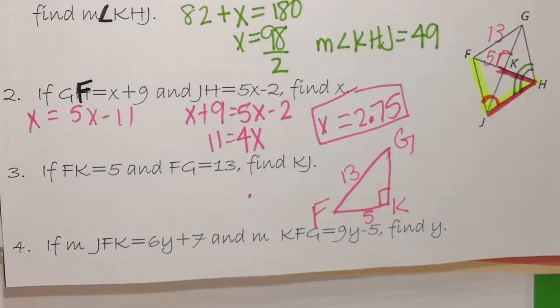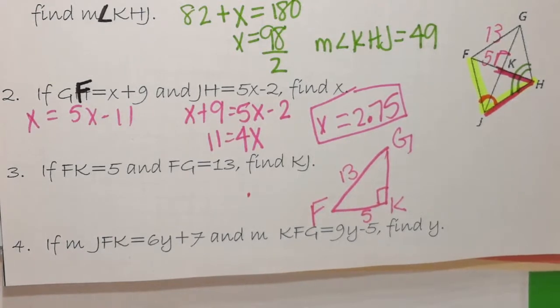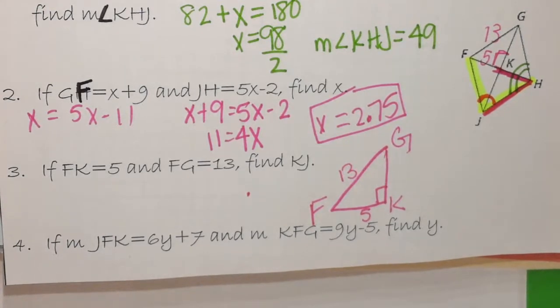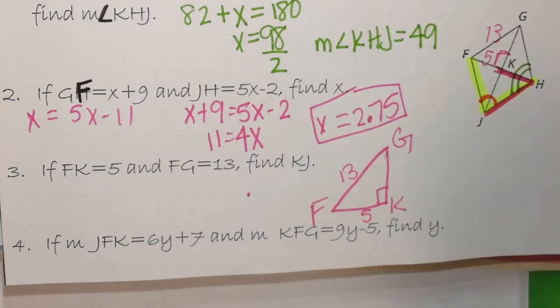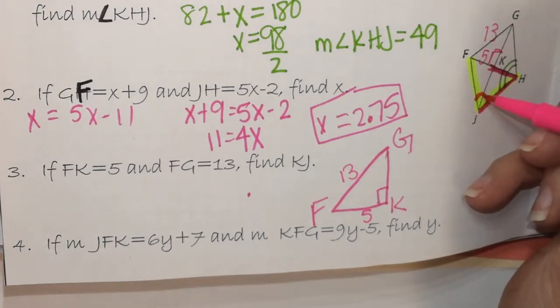Now, we are looking for KJ, and we'll come back to that part in a minute. Because they bisect. It's magic. They bisect, it's magic. So if we're finding this, that gives us the same thing as this, correct?